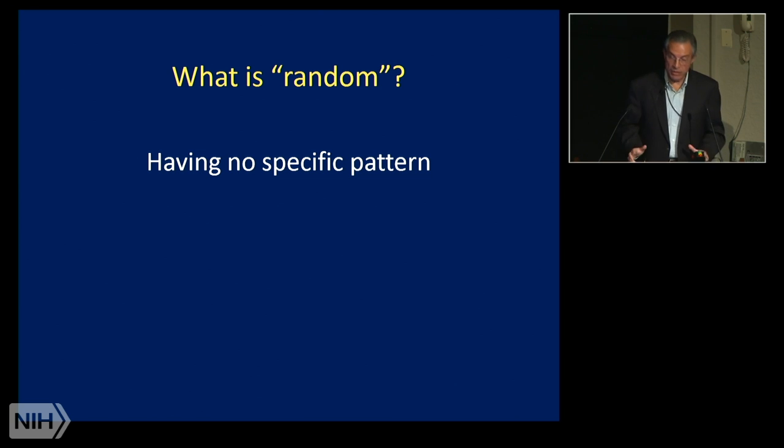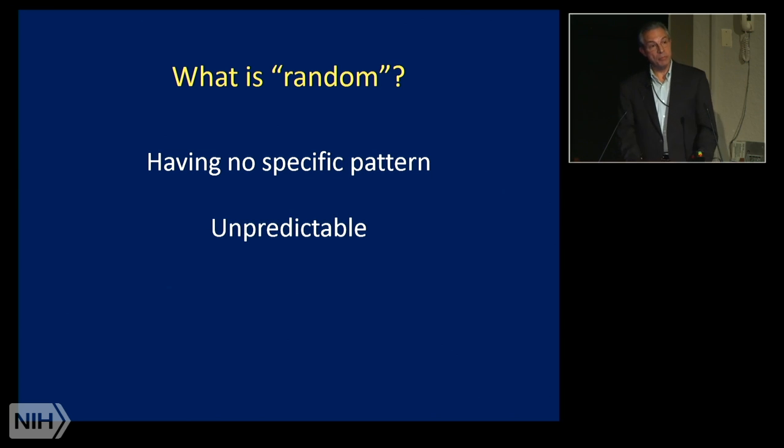So random means there is no pattern. And we're going to talk a little bit more about that. And it's unpredictable. Because there is no pattern, you can't predict the next assignment. That's another feature of randomness. It's no specific pattern, and therefore unpredictable.